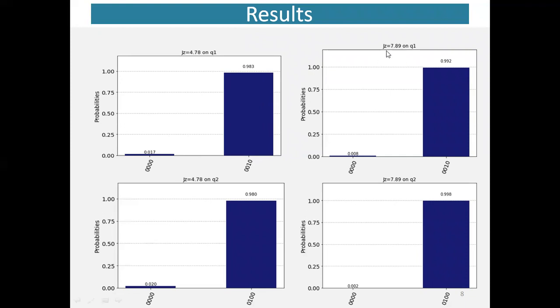Similarly, for the value of 7.89, we get a probability of 0.99. And now when we set the control qubit to the 1 state, we get the probability of 0.98, 0.99 on the second output qubit. So this is a very interesting result. I mean, the probability is above 0.98, I mean, 98%. That's a very good result.